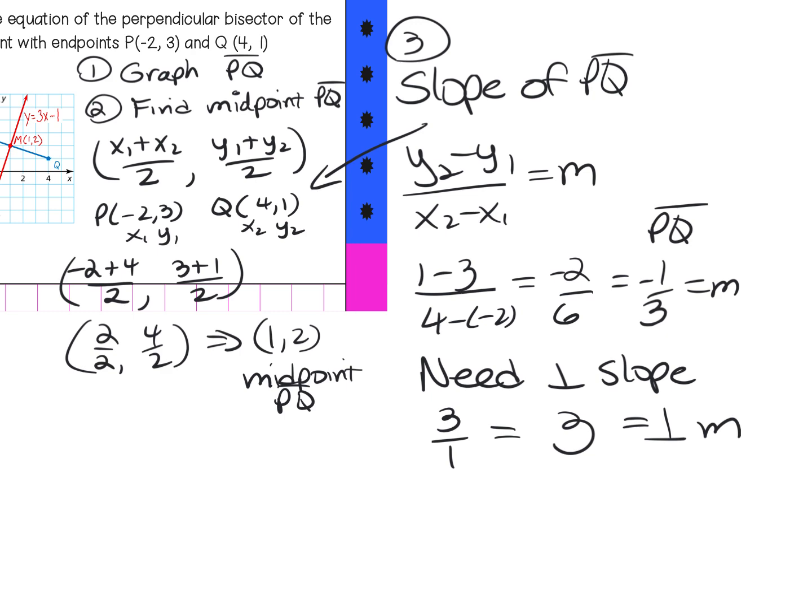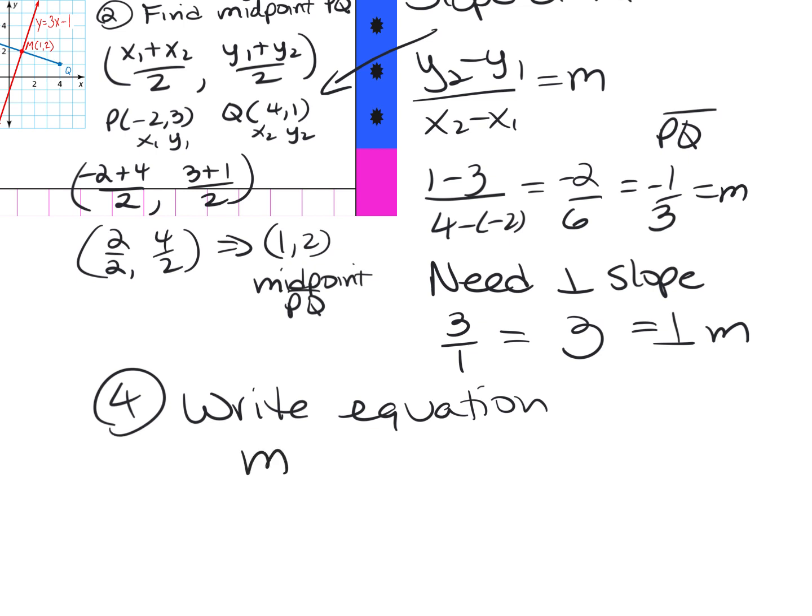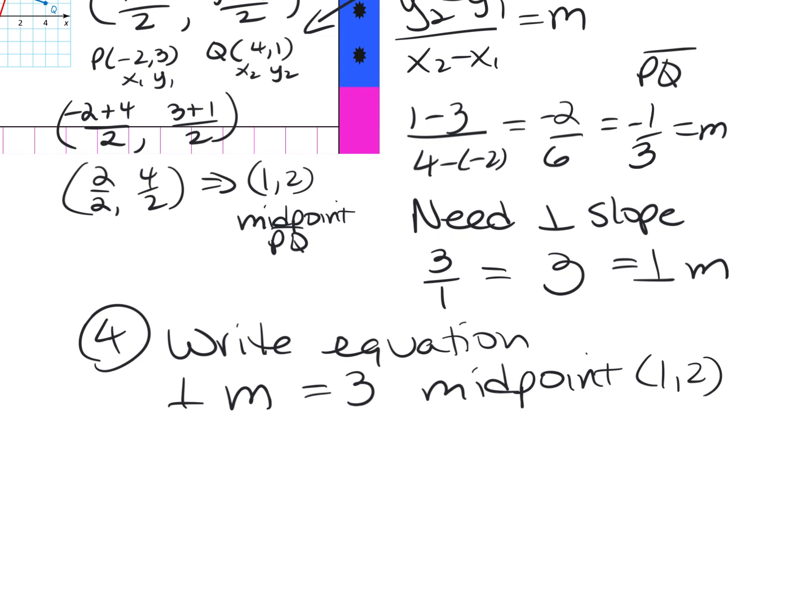Now, my next step is to write the equation. And what I'm going to use is the perpendicular slope, which is 3, and the midpoint, 1 comma 2. I'm going to plug this into y equals mx plus b, find the b, and then plug everything back in.